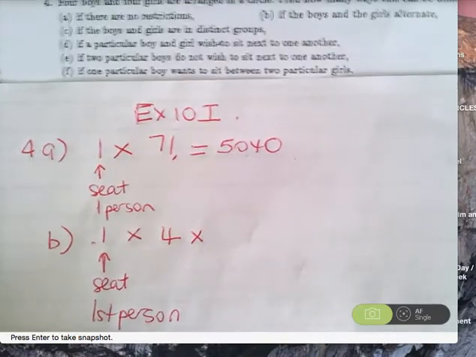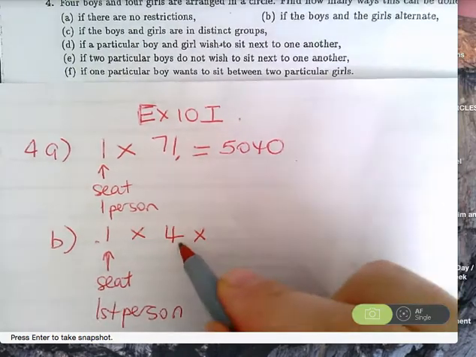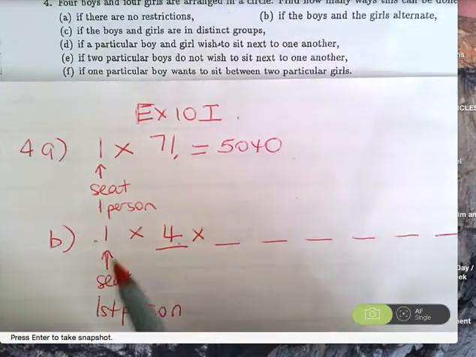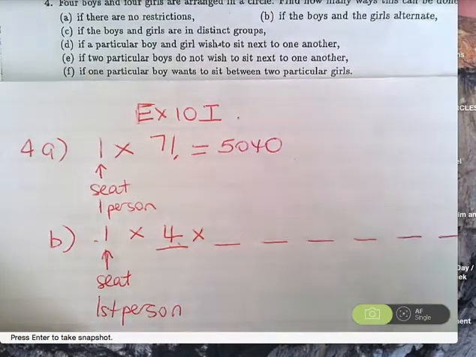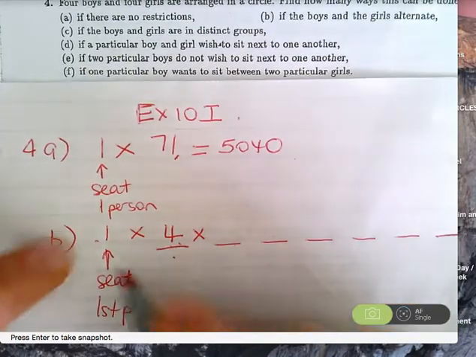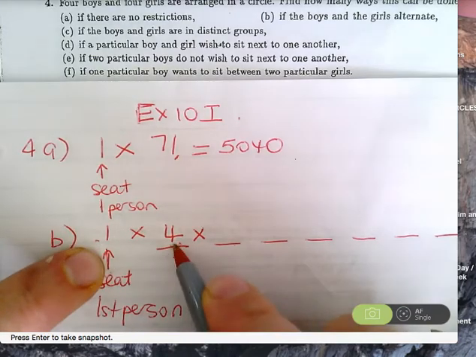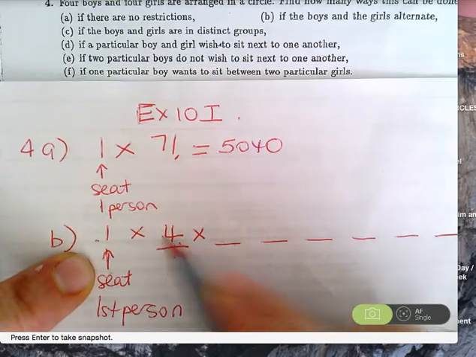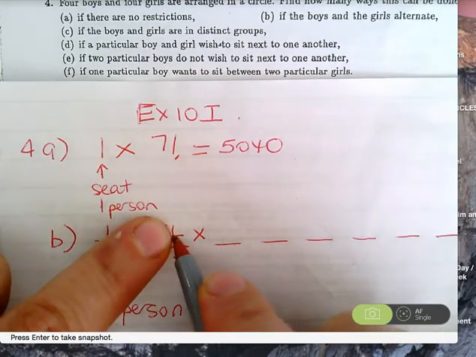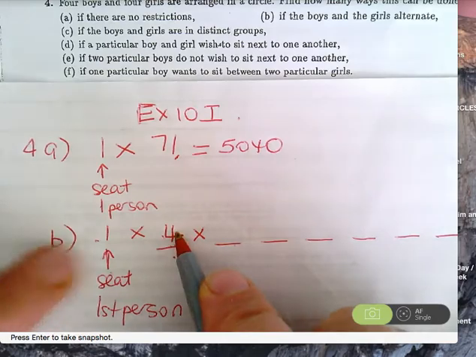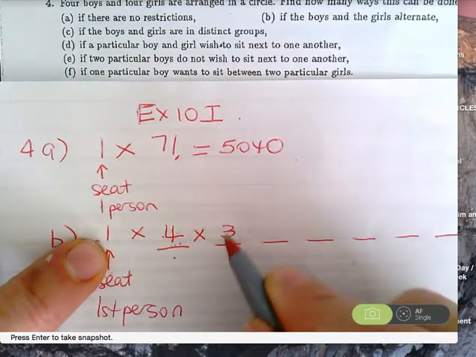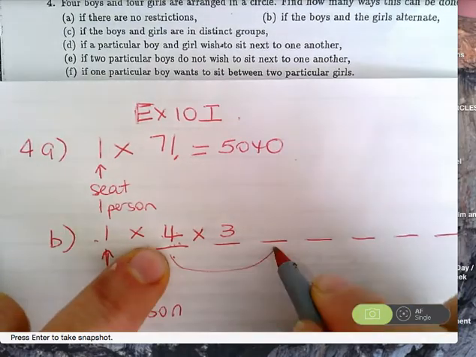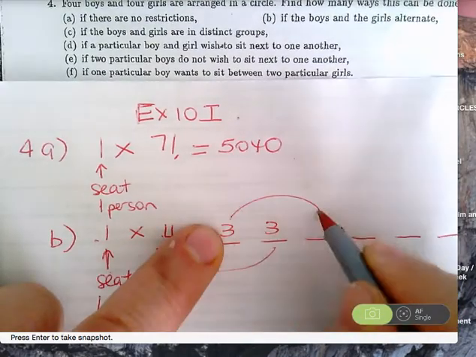Seat the first person, then look, this is what's going to happen. 1, 2, 3, 4, 5, 6, 7, 8. There's 4 choices for the next, because if that's a girl, that could be 4 of the boys, or if that was a boy, that could be 4 of the girls. Now, whatever gender this is, there's only 3 people available for the next spot. And then that one goes with this one, and this one goes with that one.